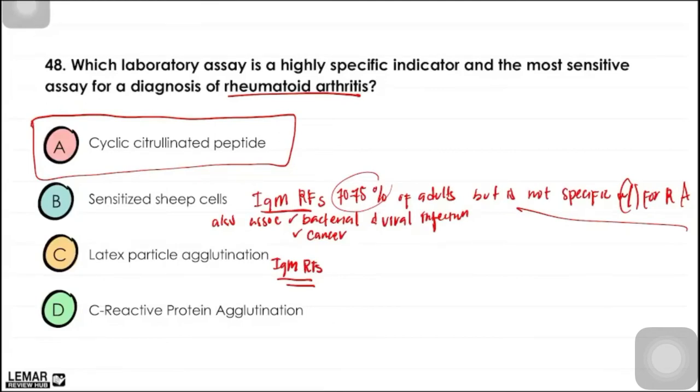Okay, so we have the C-reactive protein agglutination test. Remember, CRP is a rapidly sensitized acute phase reactant, and it is an indicator of acute inflammation.